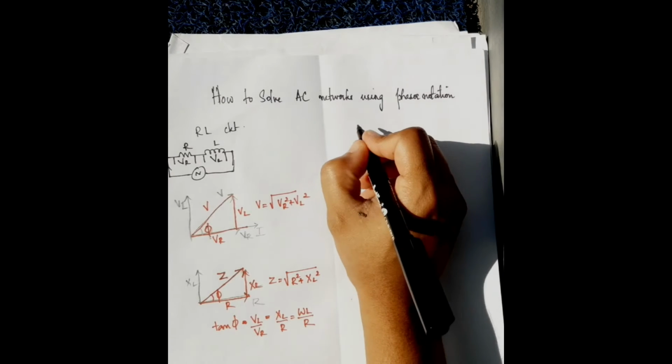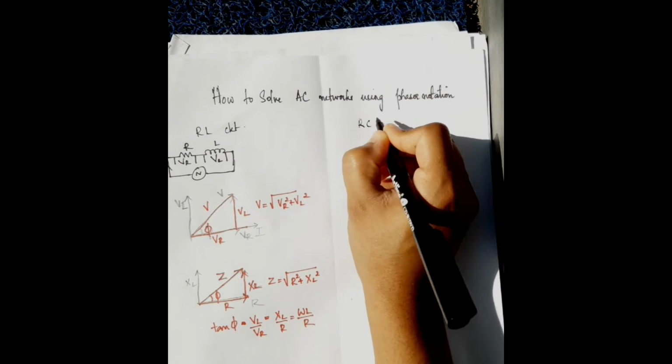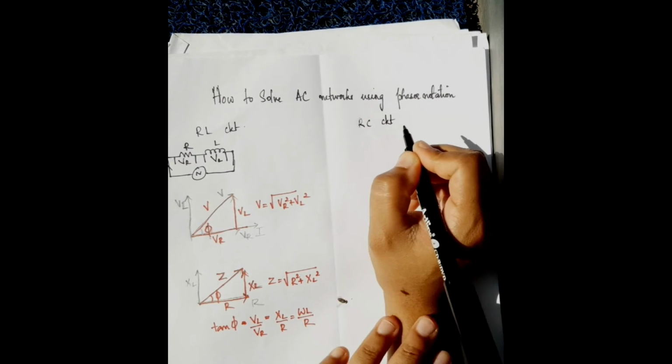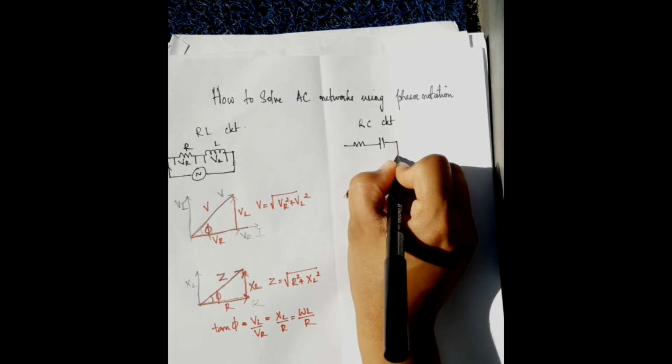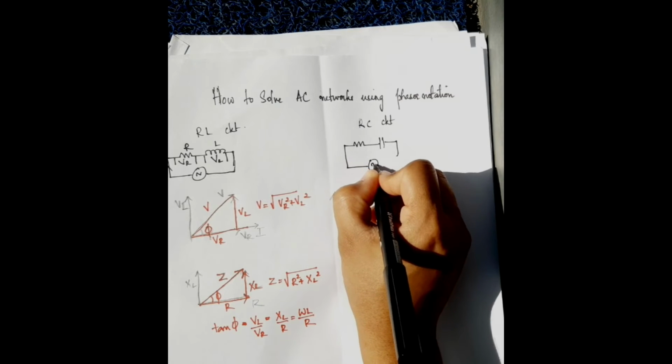Now let's check an RC circuit, similar to RL. RC applied to an alternating voltage. We have VR as the voltage across the resistance and VC as the voltage across the capacitance.